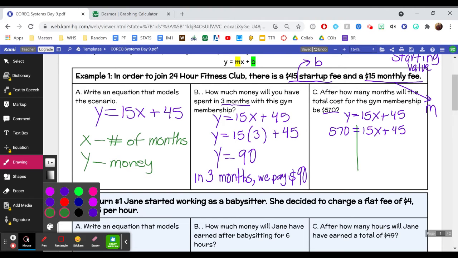Knowing that I have two sides of the equation, I'm going to subtract 45 from both sides. Which gives me 570 minus 45. That gives me 525 is equal to 15x. Okay, at this point, I'm going to divide both sides by 15.